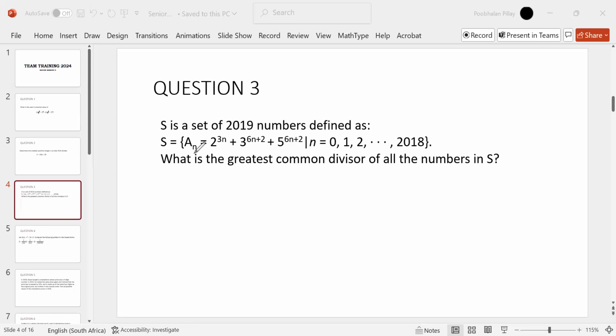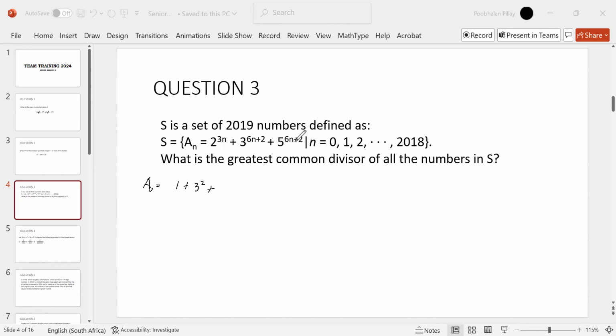Like, for instance, if I put n equals 0, the very first one, a is 0, 2 to the 0 is 1. You're putting n equals 0 there. So that's 3 squared.